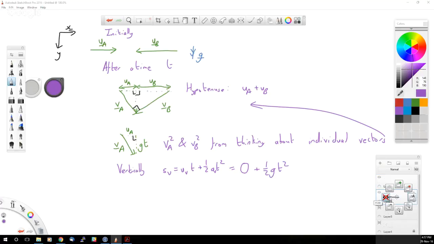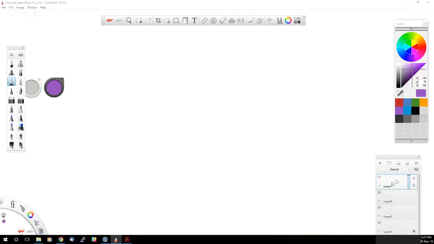Now, just to finish off, we can do this algebraically using the vector notation. So we had our UA, UB, and if I write them vectorially, I can say UA is equal to, let me define positive directions again, just as a reminder, x and y.